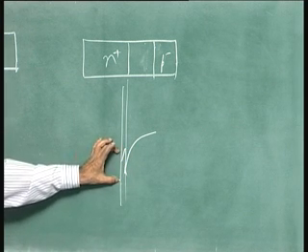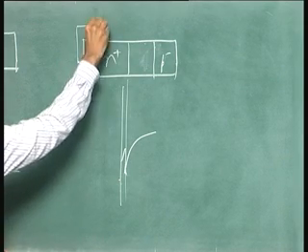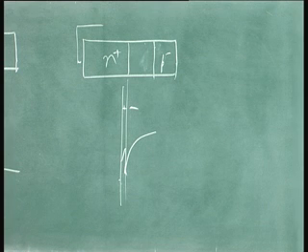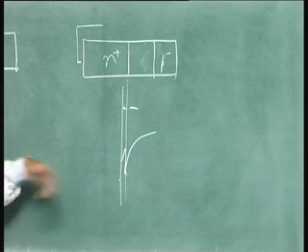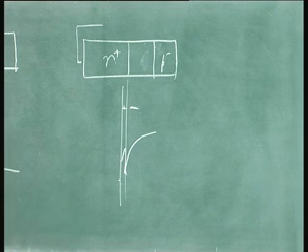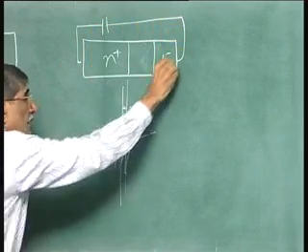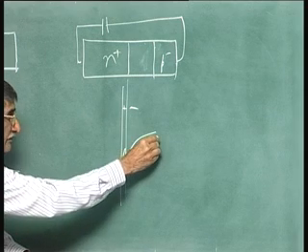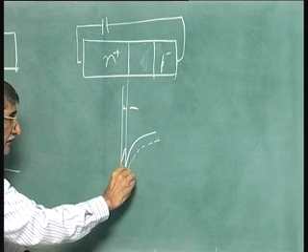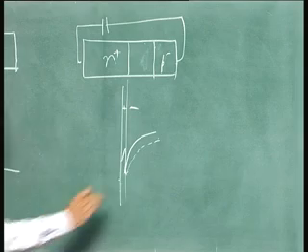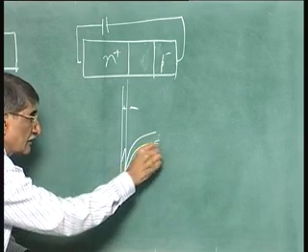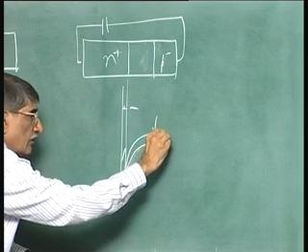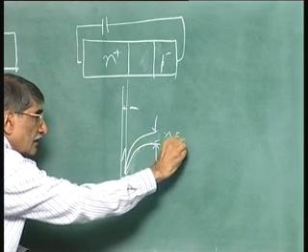Delta E c. Now, when I forward bias this, the polarity here is plus and minus there, and the built-in potential is delta E c by q higher in the case of the heterojunction. If you superimpose a forward bias on that, the voltage is opposing that, so it actually comes down, in the same fashion that I have shown there, and that quantity is delta E c by q.